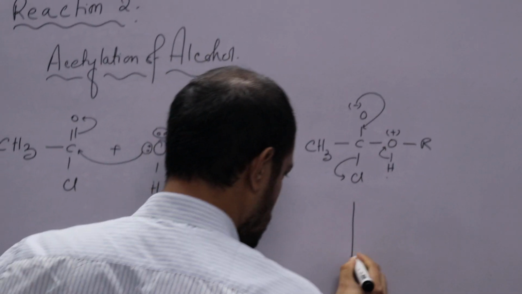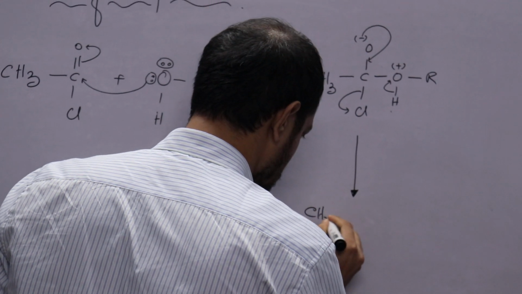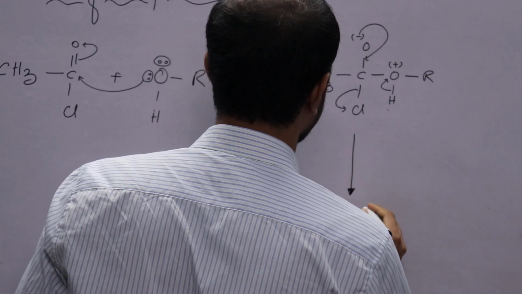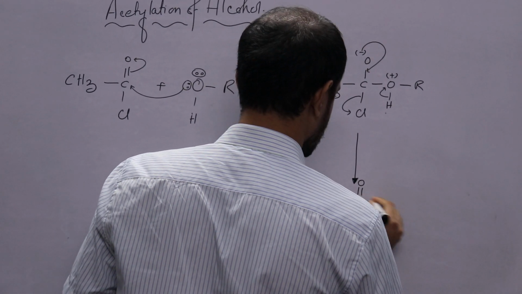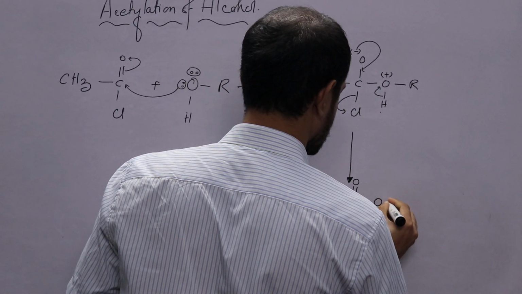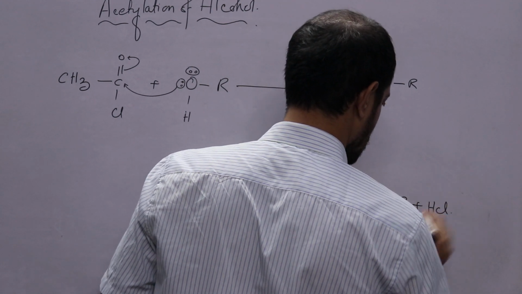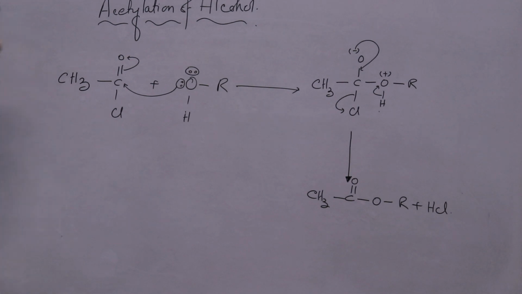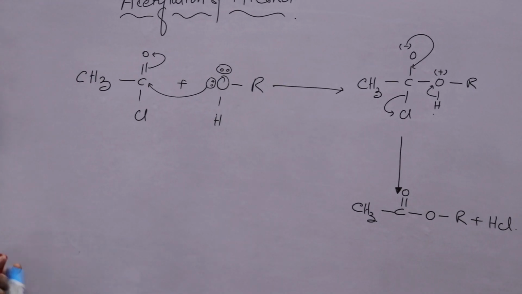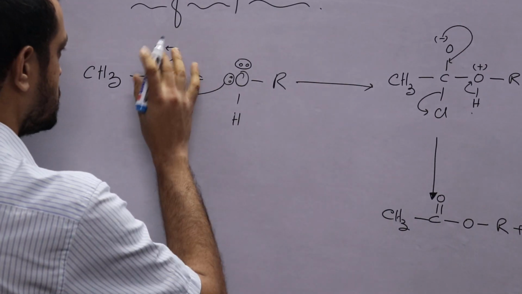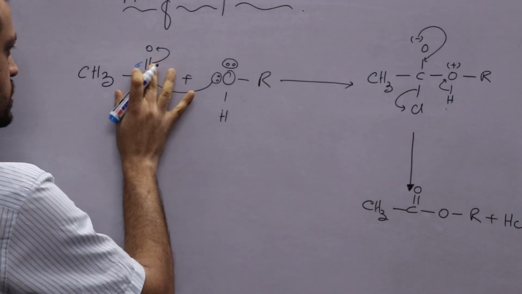So what will happen is, actually, now listen. So this is actually the mechanism, that is this is acetyl chloride. Now step by step we will understand. This is one sigma bond and this is one pi bond, right?